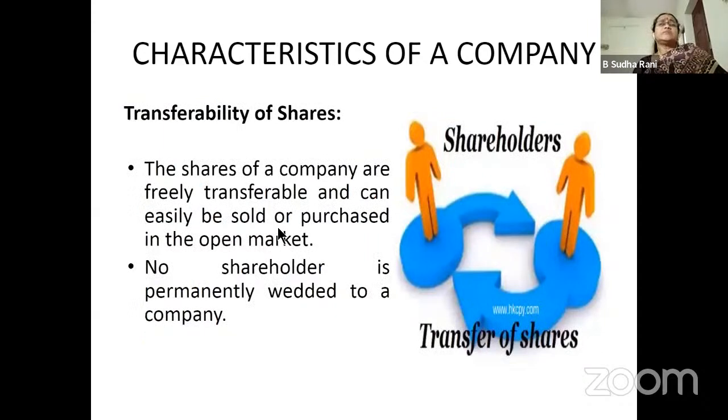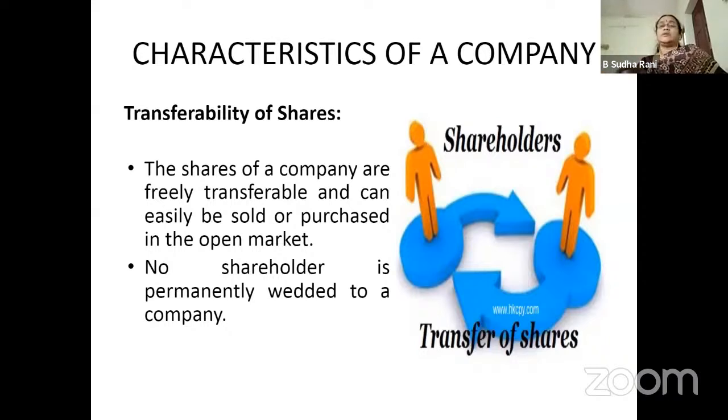The next one is transferability of shares. The members of joint stock companies can transfer their shares at any time to anyone, anywhere. In the share market, if you are a shareholder of Infosys, you can sell at any time, and you can buy Amazon shares, and you can split also.